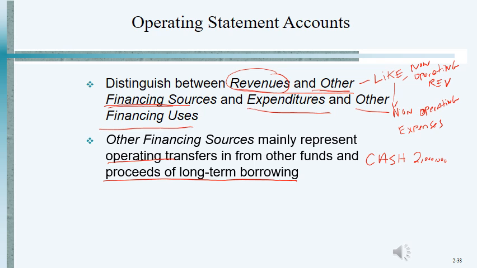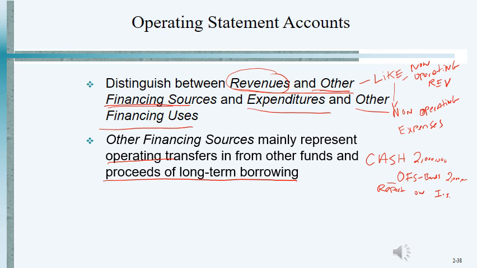So we'll credit, and I'm going to abbreviate it OFS, other financing sources, for the bonds, $2 million. Since this is basically like a non-operating revenue, this item is reported on the income statement.